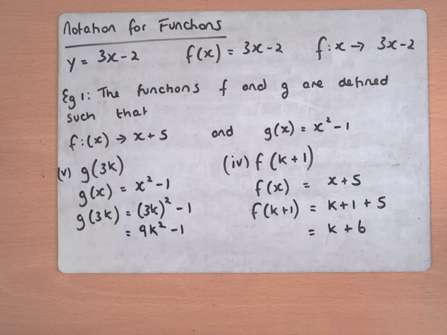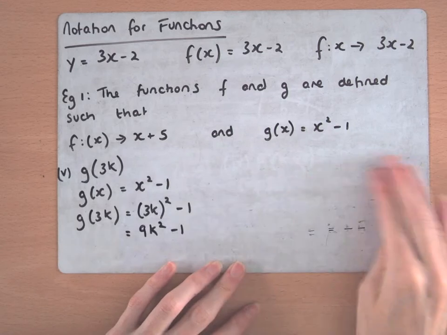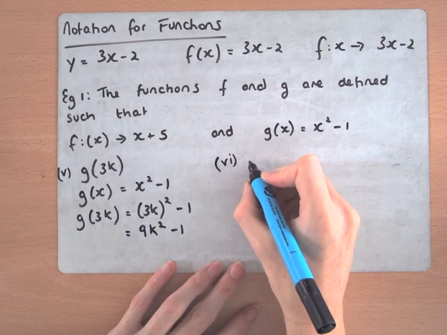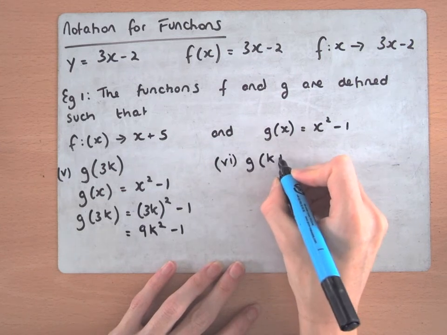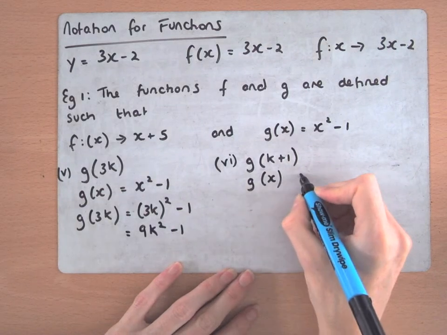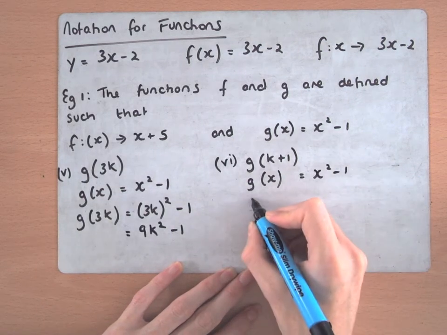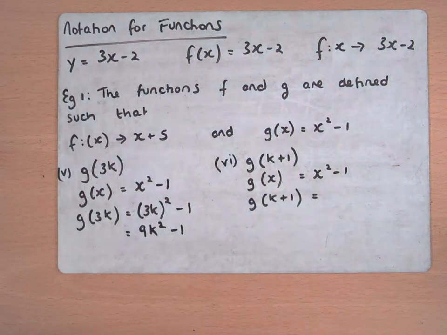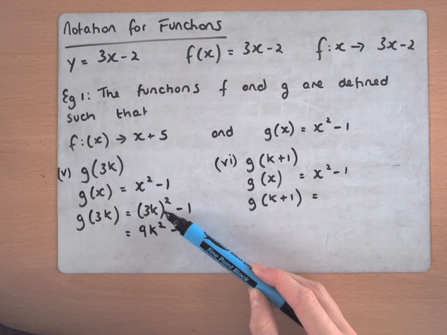Okay? And last one. G of k plus 1. Why did I put the square here?